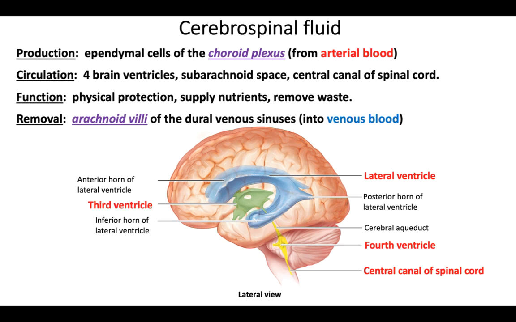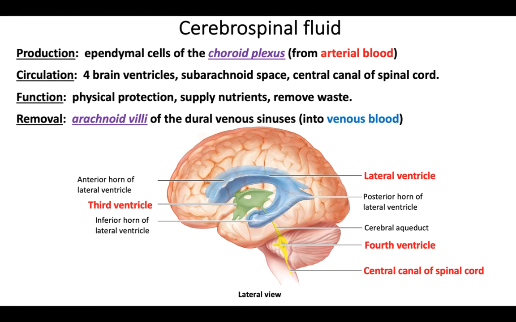It's going to kind of accumulate waste. So what do you do with it? You put it back into circulation, but you put it into the venous blood. That's the blood that's eventually going to leave the brain or leave the spinal cord. And that's the job of another tissue type called the arachnoid villi. All right, it's actually a component of the arachnoid mater.